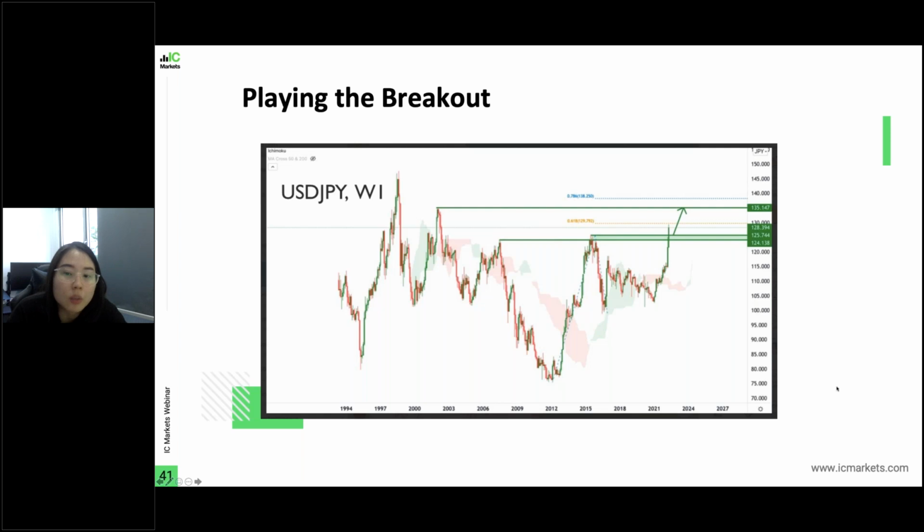What's your typical stop loss distance? Okay, because I'm always looking for sniper entries. You know what sniper entries are? So sniper entries are like, if I say the entry is 125.744, I expect my entry to be 125.744 or slightly above or below that.